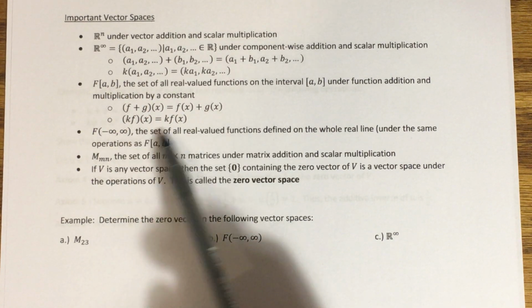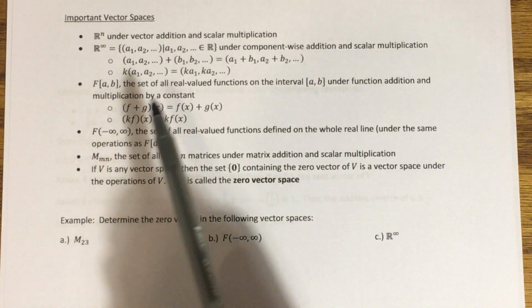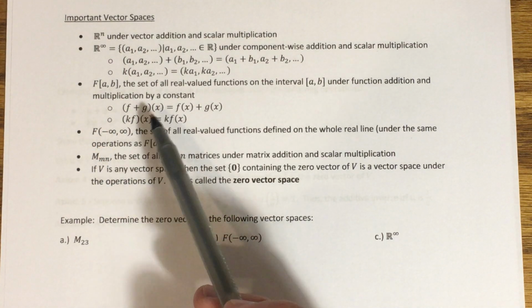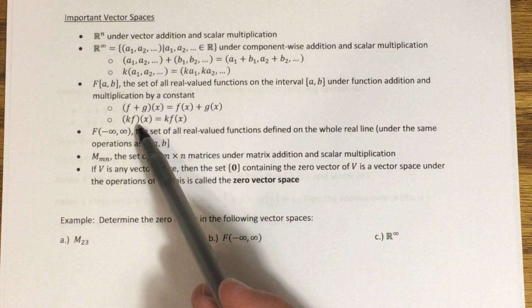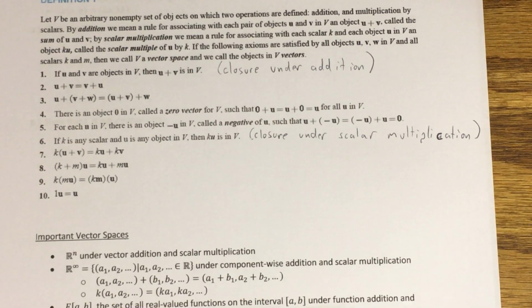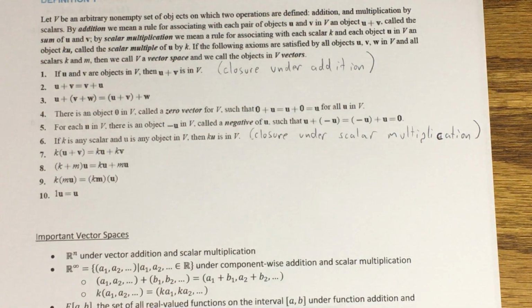Same thing, adding two functions the way we do here, multiplying by a constant the way that we do here. Now, notice I'm not proving that these are vector spaces. All I've done is define the sets and their operations. And proving that something is a vector space is a long task because there's 10 separate axioms to check.